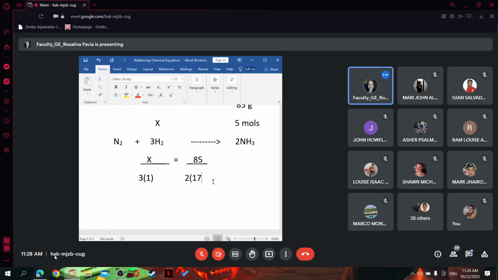Okay, kung compute, cross multiply. 255 over 34 po. And then divide.